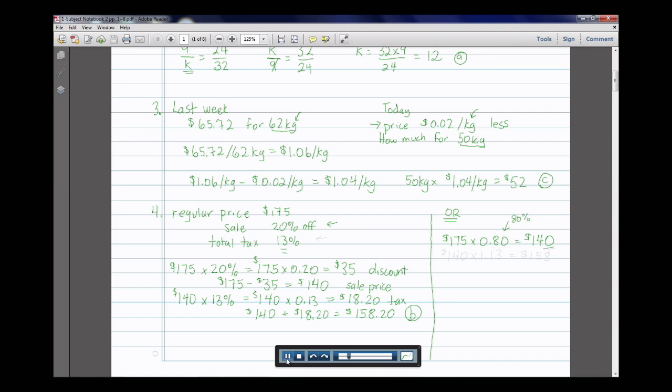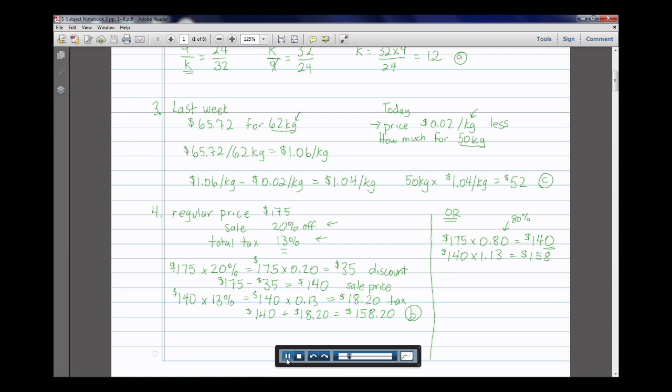So you're paying $140. And then if your tax is 13%, then what you're paying for in total is 113%, or 1.13. So the total price is $158.